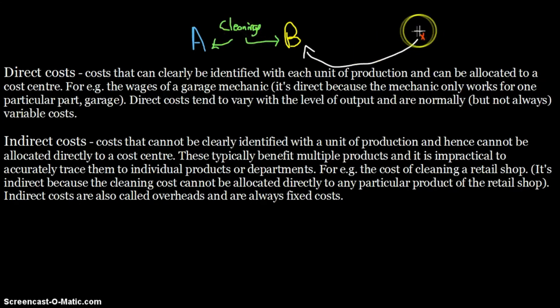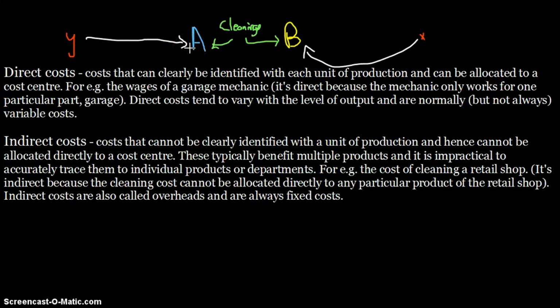But if X, let's say, was a salary or a product, basically the cost of making a computer component, you can directly allocate it: it's being manufactured in factory B. Let's say there's another product Y that is being manufactured in factory A, so the cost of that product is allocated to this cost center, right?